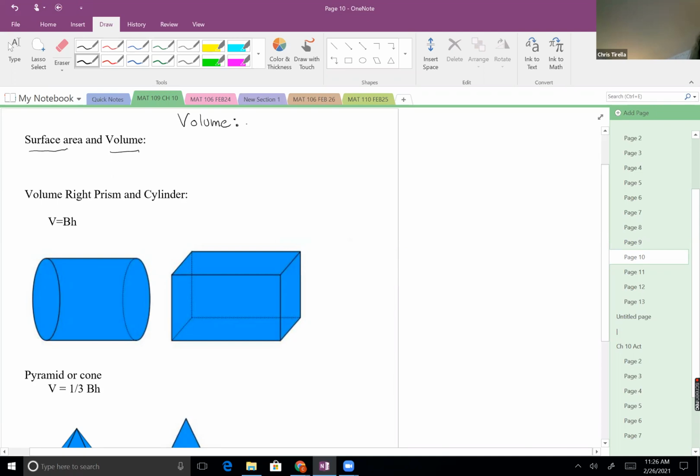The volume is like the space inside a solid. The surface area is like the sum of the areas of all the faces.